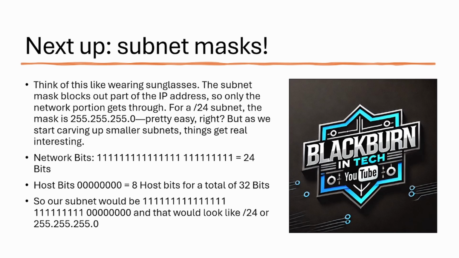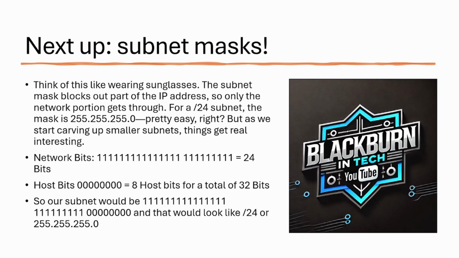The more you slice it up, the more that last number, or wherever you're doing your subnetting, will change. When you convert the masks to binary, it's kind of interesting because you can only have one continuous run of ones. You'll never see ones, then a zero, then a one again. Most people get thrown for a loop by that, but we'll get into it a little bit more.